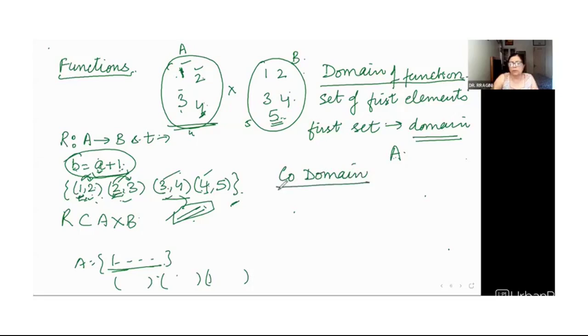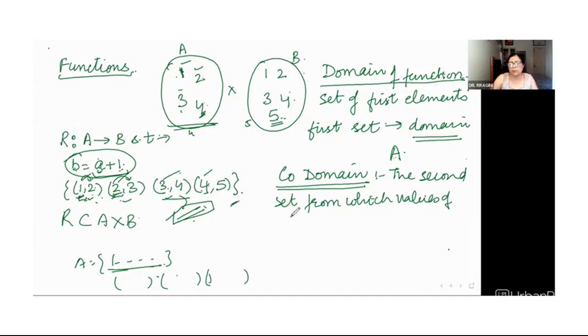Then comes another definition, which is called codomain. Codomain is the second set from which values of B have been taken.